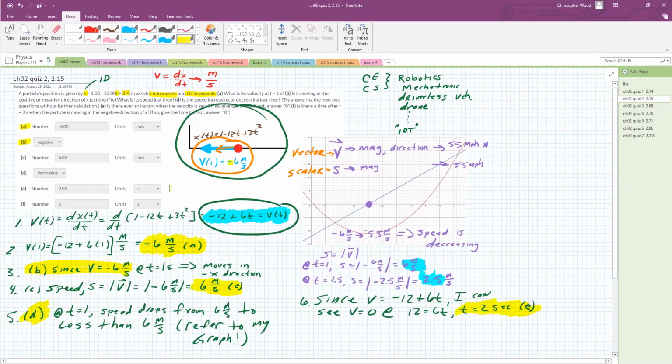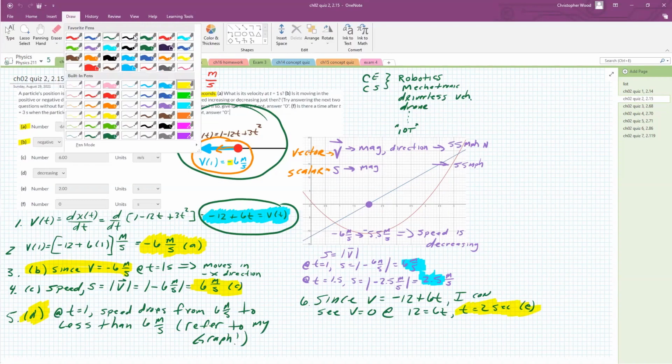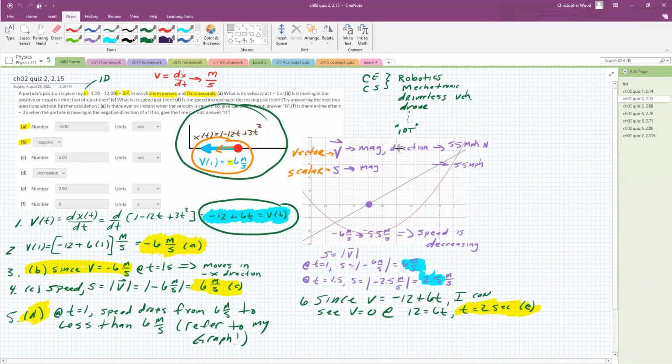The last part F. Is there any time after t equals 3 seconds when the particle is moving in the negative x direction? Well, let's see. Here's t equals 3 seconds. Let me just draw a line showing t equals 3 seconds. t equals 3 seconds is right here, right about there.